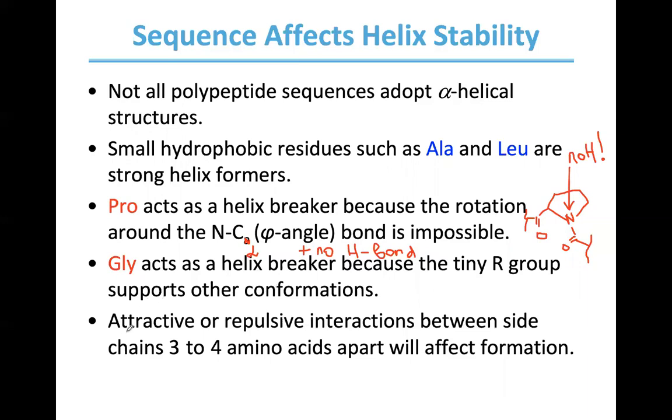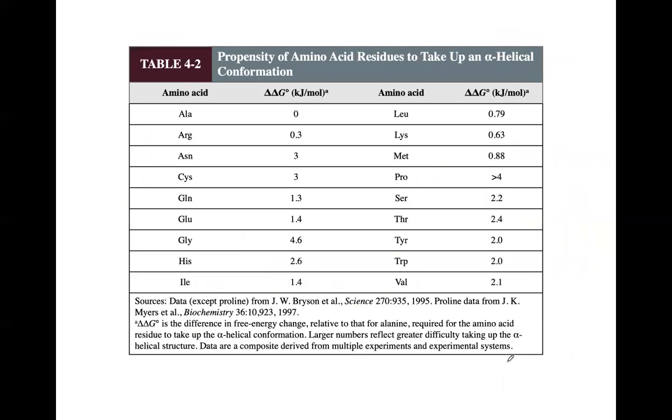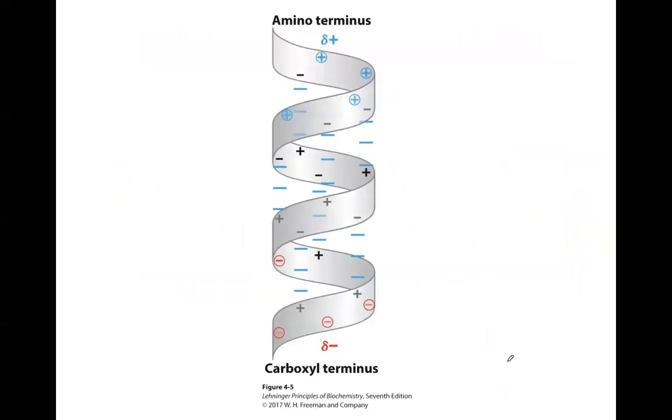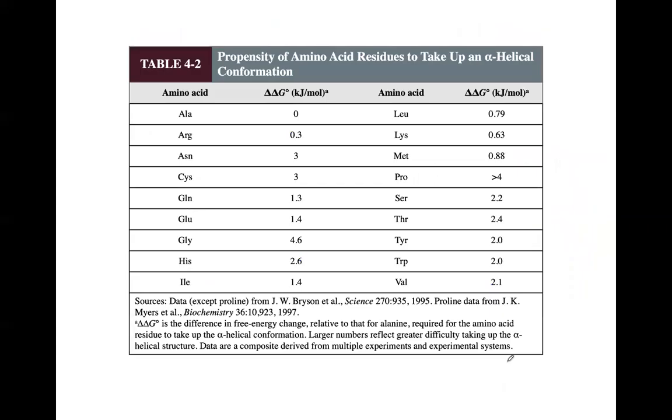And so we just talked about attractive or repulsive interactions between side chains 3 to 4 amino acids apart, which will affect the formation. We talked about that. Let's see if there's anything else. Yeah, very important. Propensity of amino acid residues to take up the alpha helical conformation. Okay, so this is what we just talked about. Alanine is the best one, right?